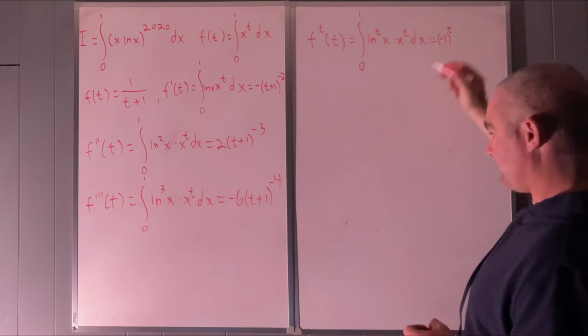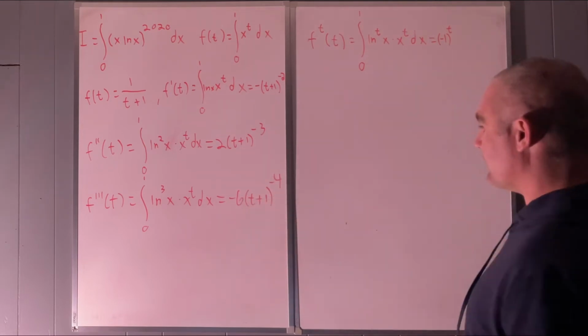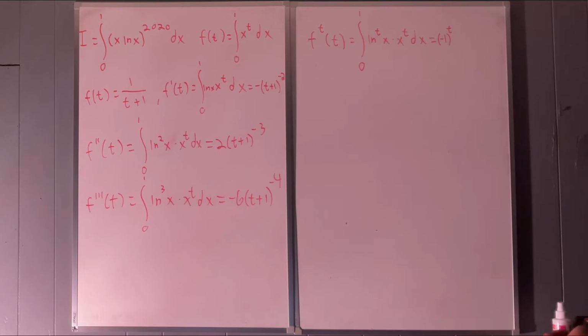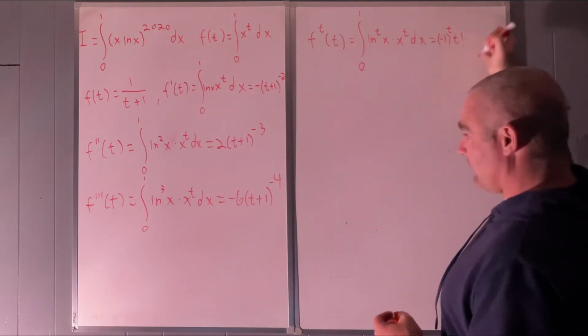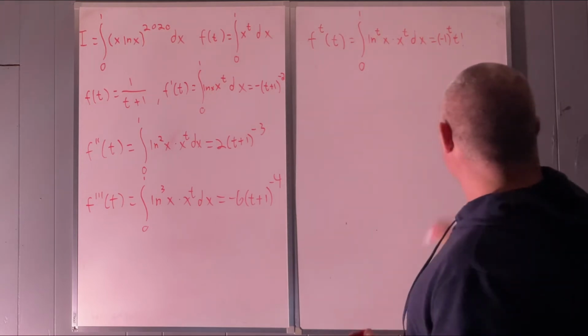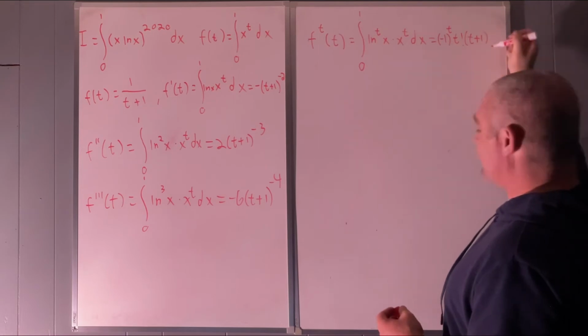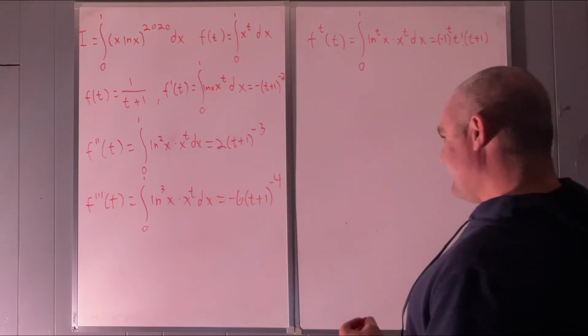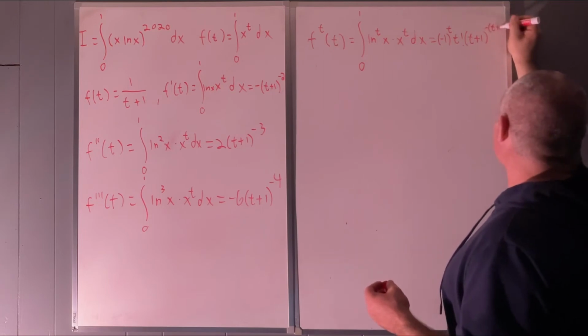Okay, so what's the next part? We have this part, the actual integer there, that will be t factorial. And then we'll have (t plus 1) to the negative (t plus 1).